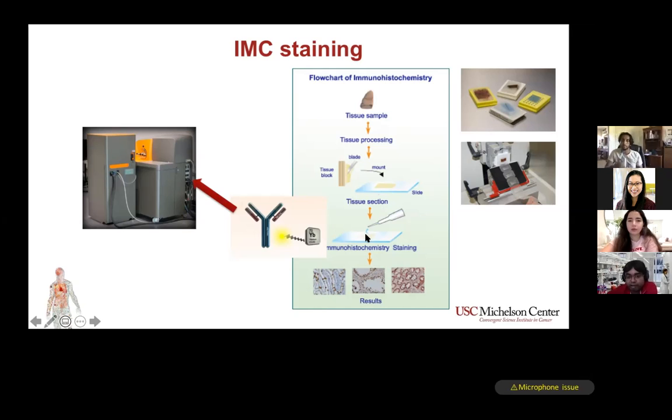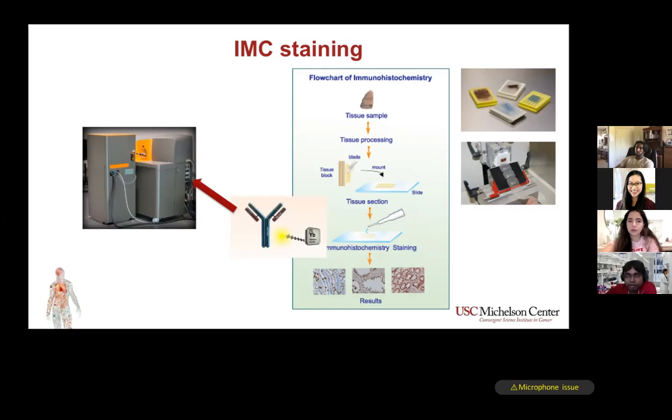Now, since you have the slide, this is the same as immunohistochemistry. The only difference is that instead of putting on primary and secondary antibodies, you are putting on a cocktail of antibodies. In IMC we have 30 to 35 antibodies in one single experiment.